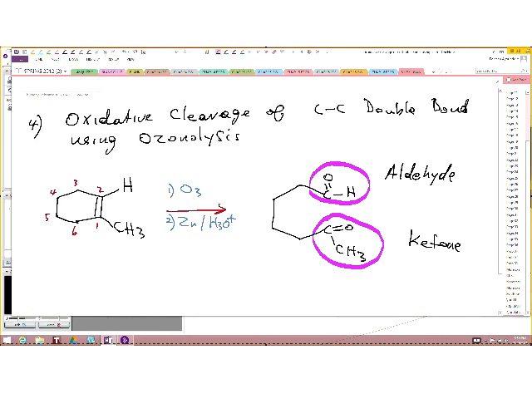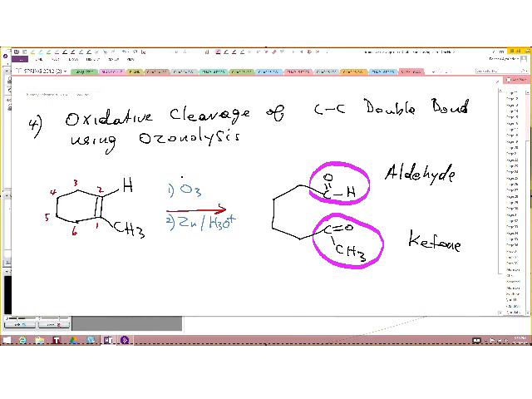Of course, if this group that we are starting with was a hydrogen, then we are going to get a dialdehyde, right? Okay, so that is our oxidative cleavage of carbon-carbon double bond.